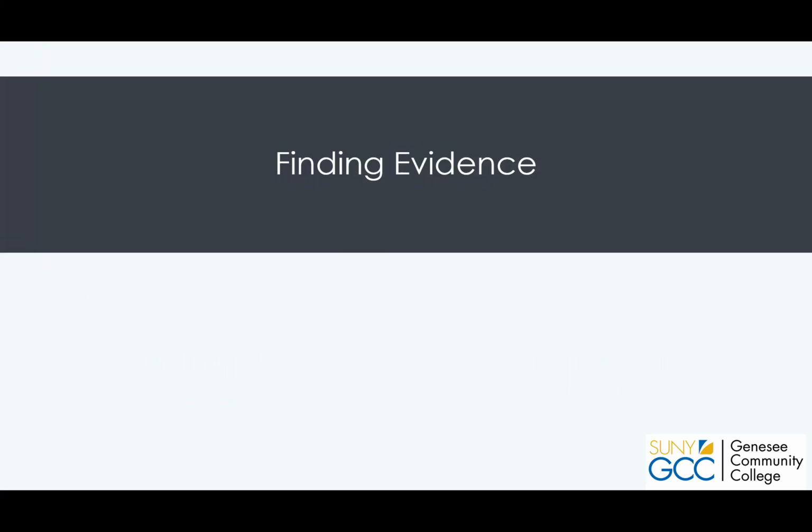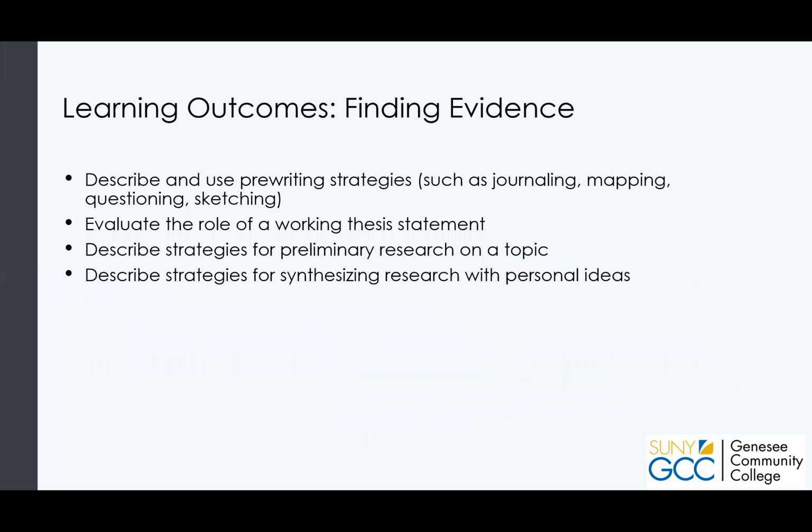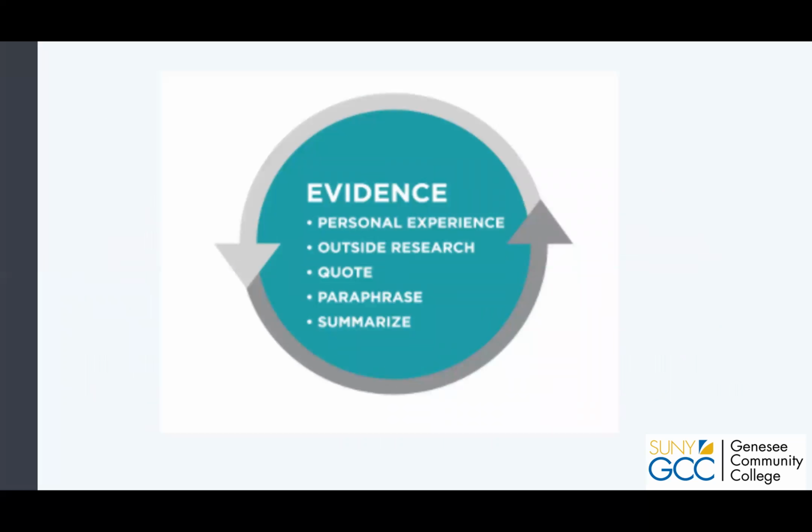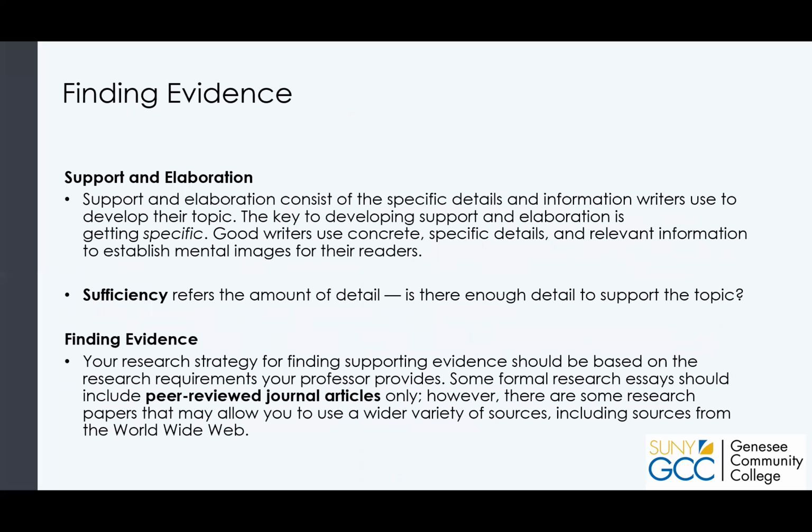Okay, moving on to finding evidence. Evidence is our turquoise circle. It includes personal experience, outside research, quotes, paraphrases, and summaries. When finding evidence, we need to look at support and elaboration.